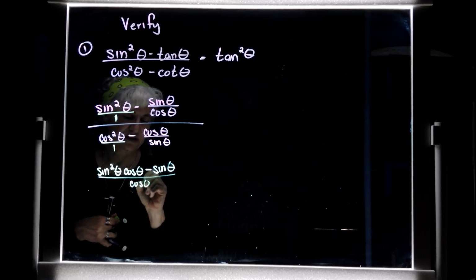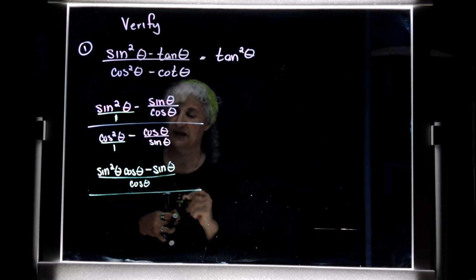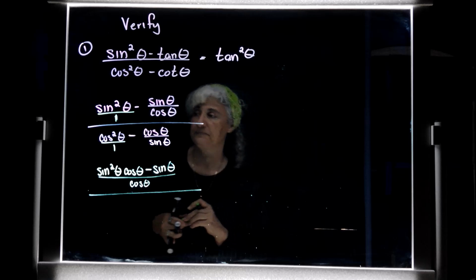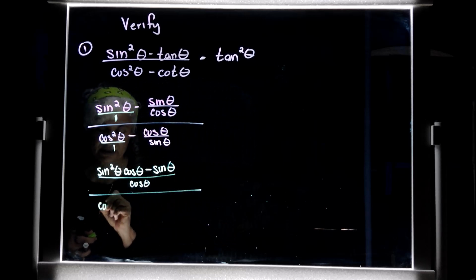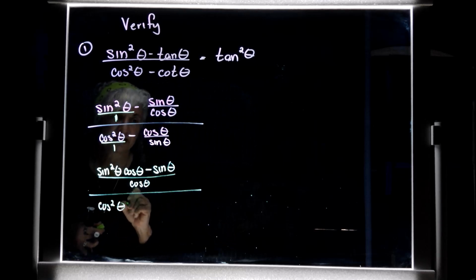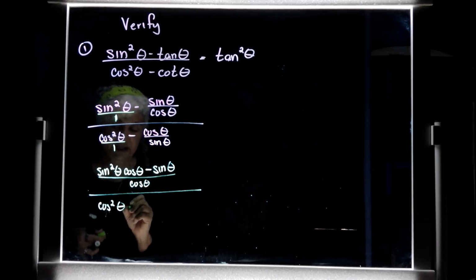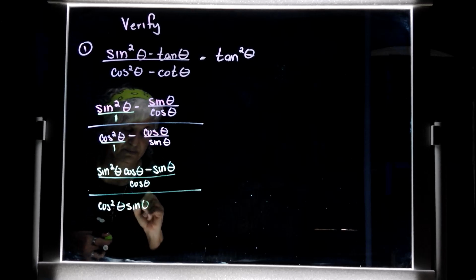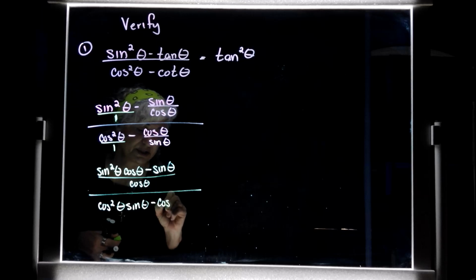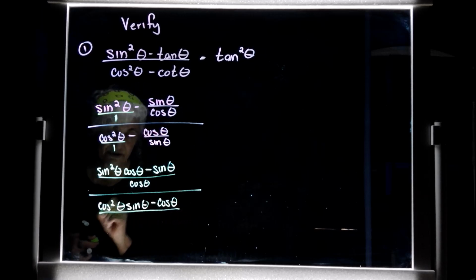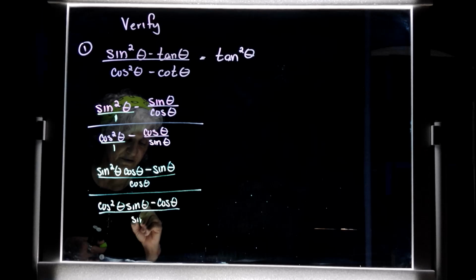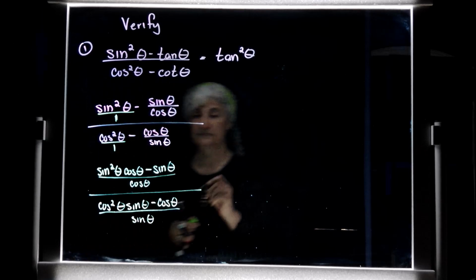It's all over cosine theta. And in the denominator, I've got cosine squared theta, and we're multiplying it by sine. So we have the same denominator, right? In the denominator, we have sine of theta, right?